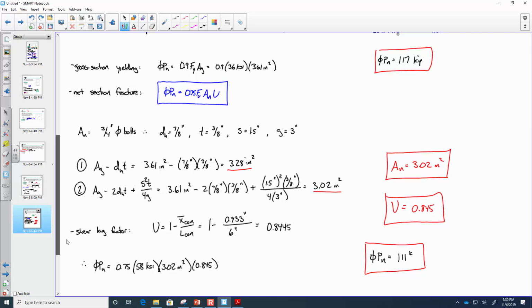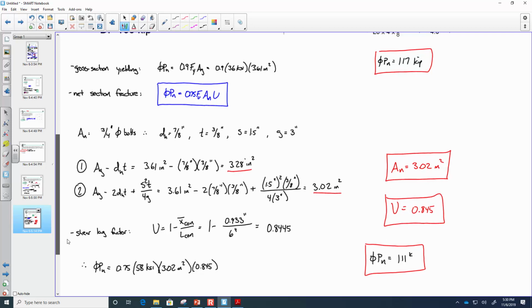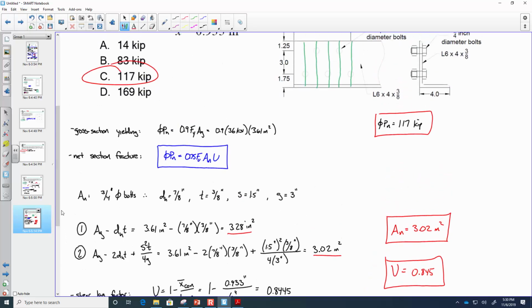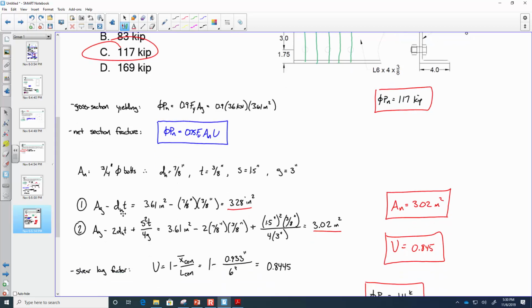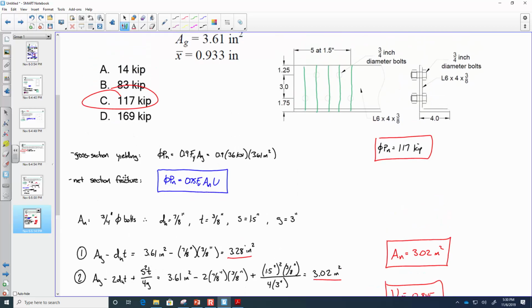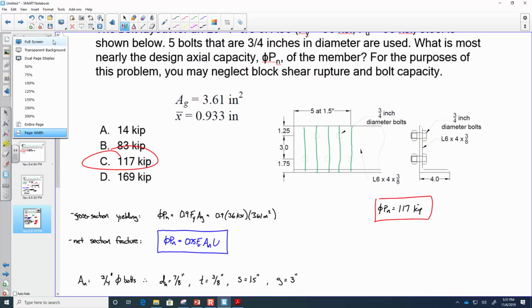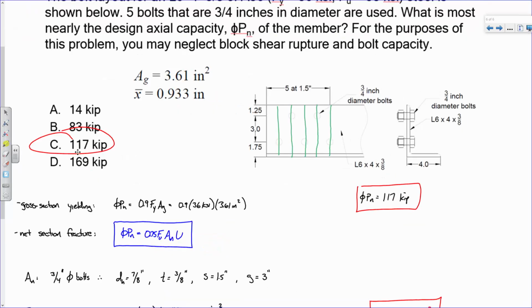There's something wrong here, because if I remember correctly, I thought this value came out to be larger than 117, because I was a jerk and that was the answer, and we did all that work for nothing. But something didn't work out. I will look at it and maybe post an updated solution on Blackboard this week, whenever I have time. But my main concern is, do you understand the concept?